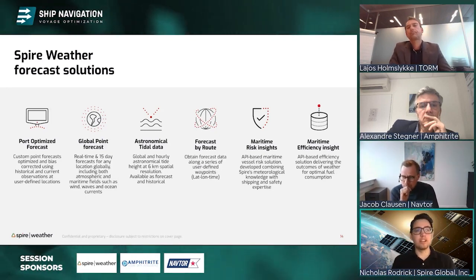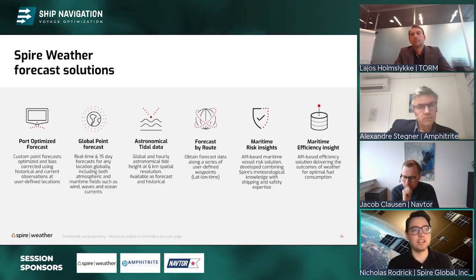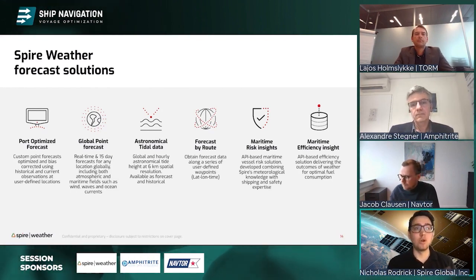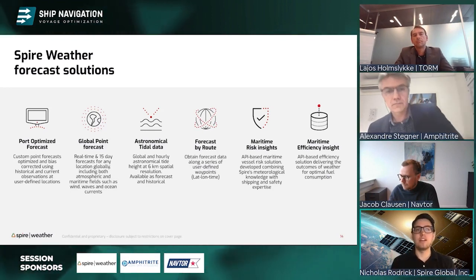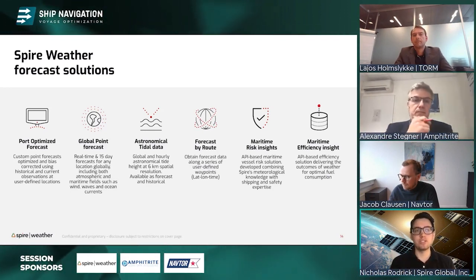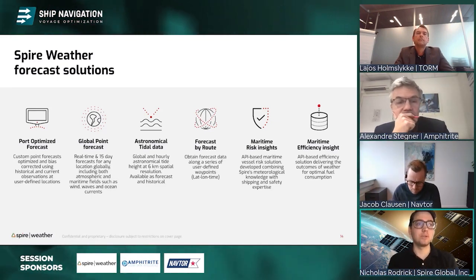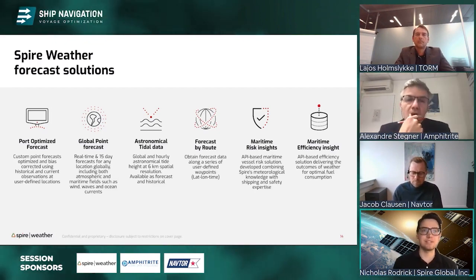Then we add different analytics to that, such as the port optimized forecast, like I said, that is bias correcting for local sensors at ports. In addition to that, we have a global weather model. We take all of those global observations and put them into the numerical weather prediction model, so you can get global point forecasts out to 15 days.